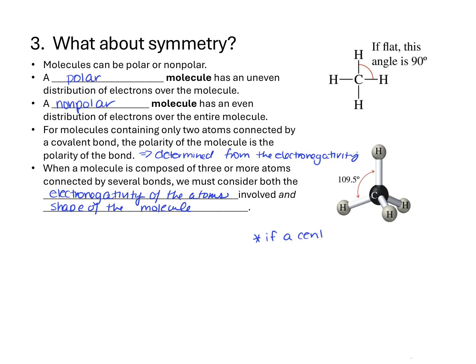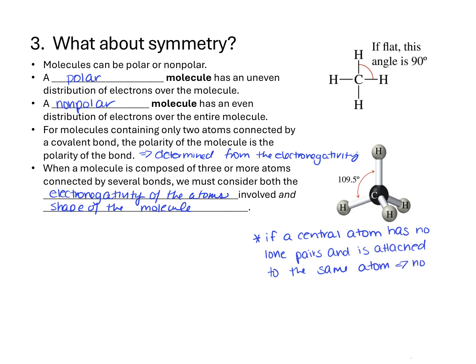If a central atom has no lone pairs and is attached to the same atom, it's nonpolar, right? So this is carbon and hydrogen. We've already talked about carbon and hydrogen being nonpolar anyway.